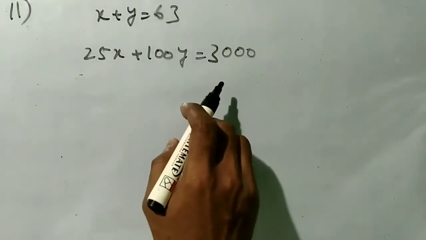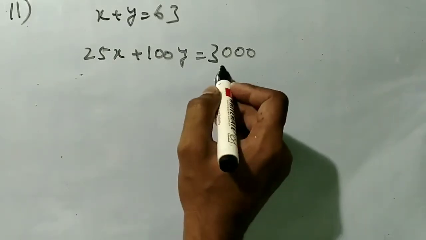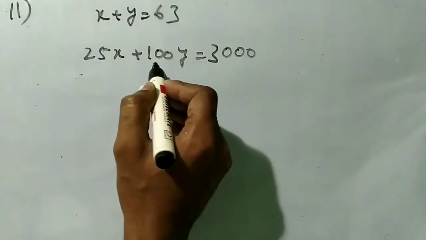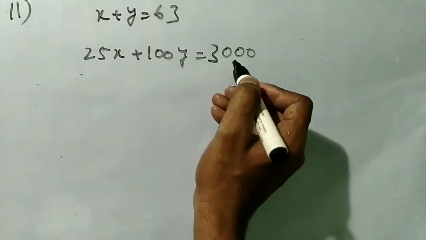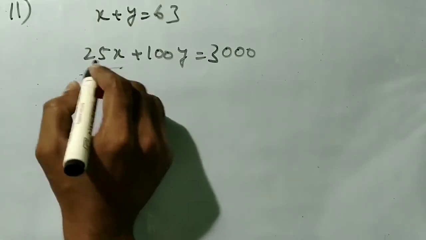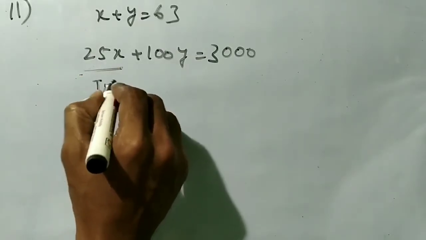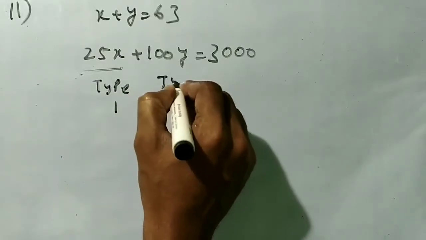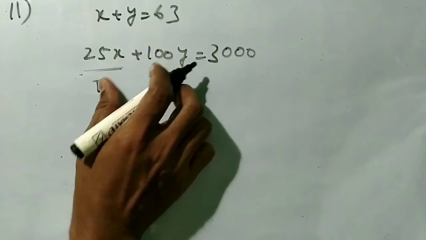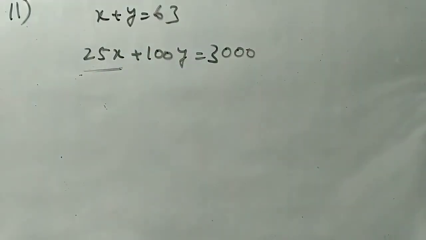In the previous I have written 1000 rupees, actually it's 3000. So 25x plus 100y is equal to 3000. That is the first type and second type, type 1 and type 2 are the price types. There are two types of prices.